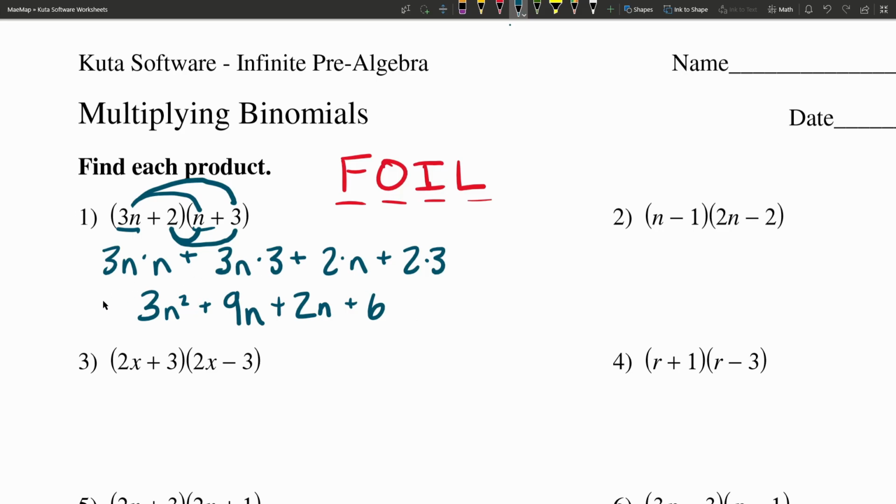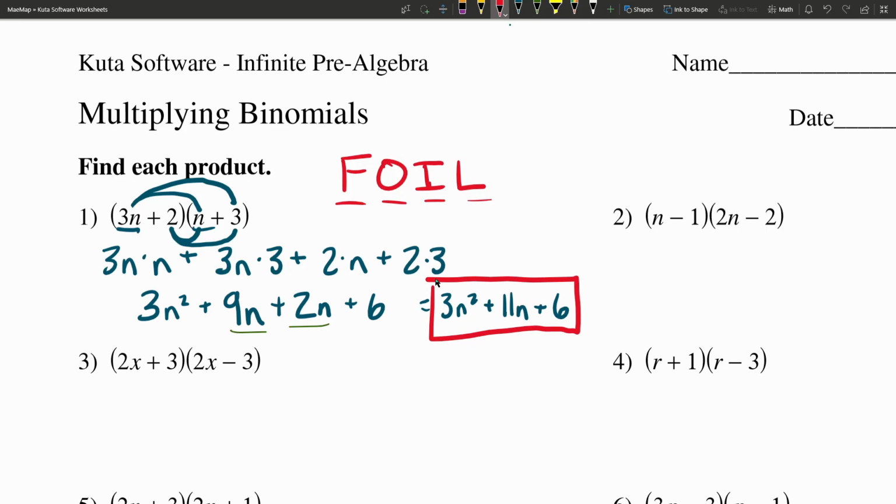Now we need to simplify this down a bit further because if you notice, we can combine these 2 terms, 9n with 2n. If we combine those, we're going to get 3n squared plus 9n plus 2n is 11n, and then we're adding 6. So you can see that our final solution for number 1 is 3n squared plus 11n plus 6.